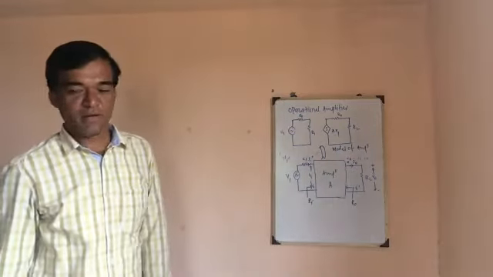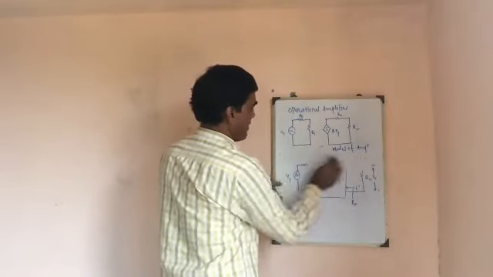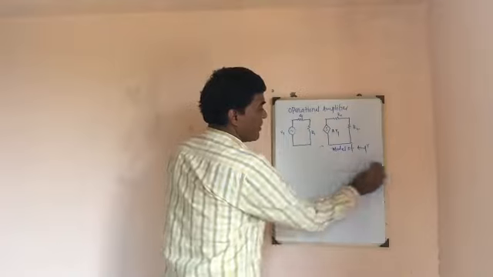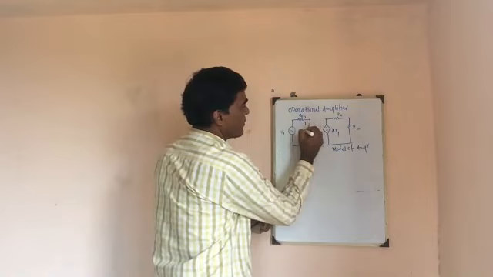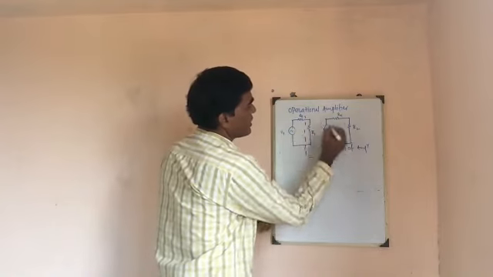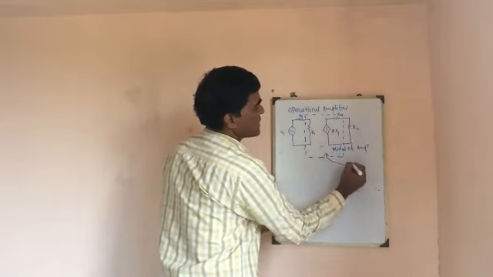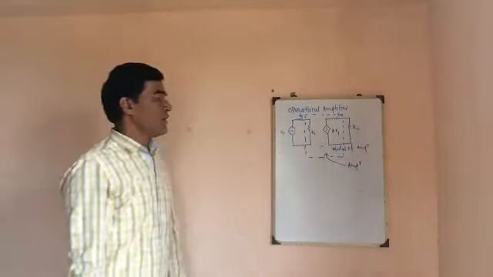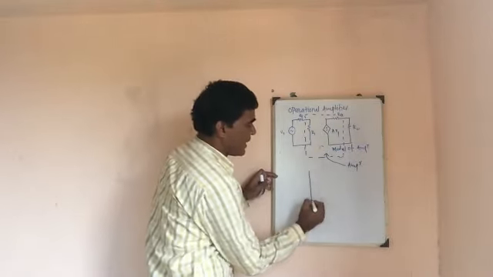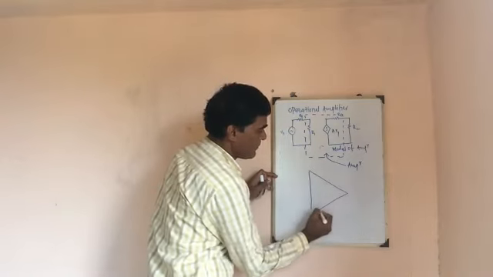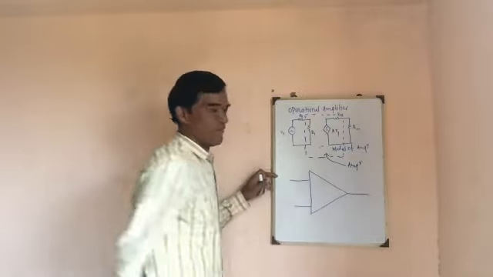Now, in an operational amplifier, how can I represent it? In this model of the amplifier, the circuit elements inside this box represent the amplifier. Now an operational amplifier is basically represented by a triangle. It has two input terminals and one output terminal.